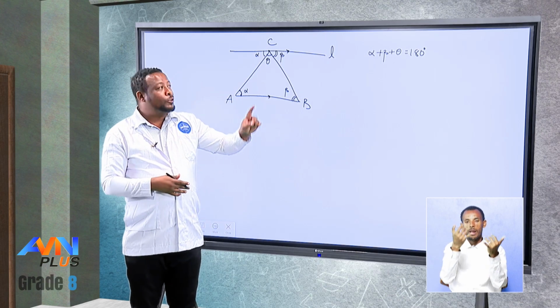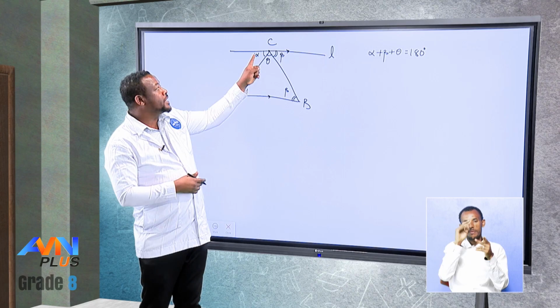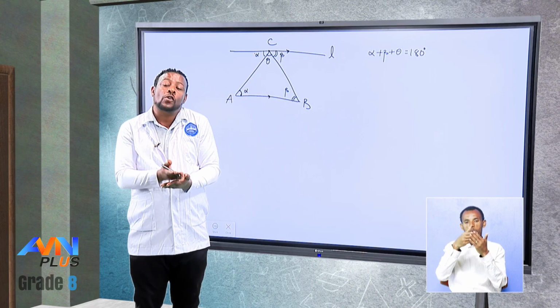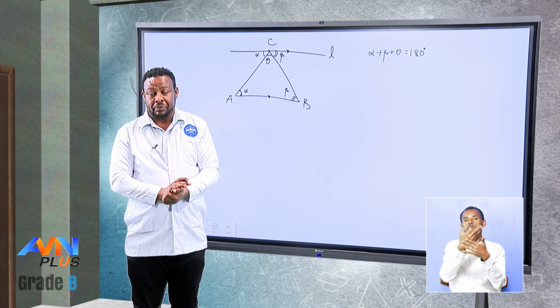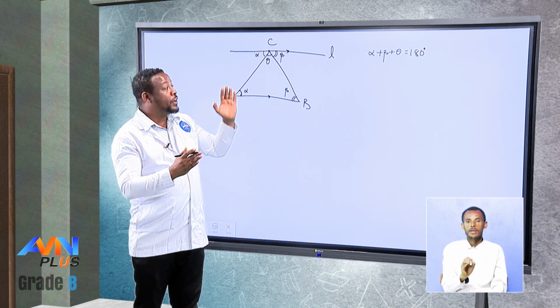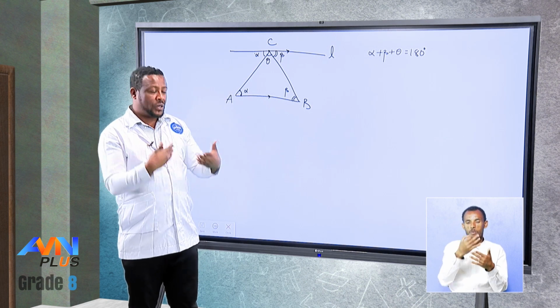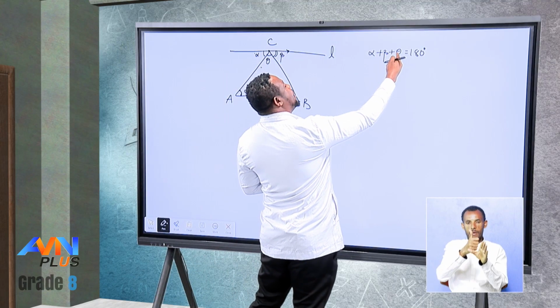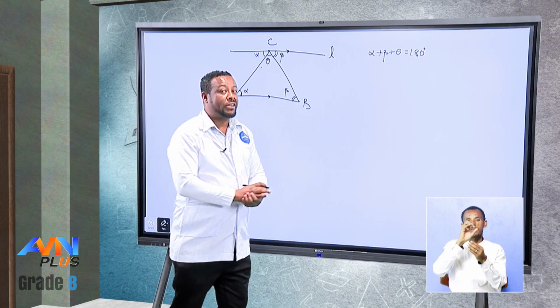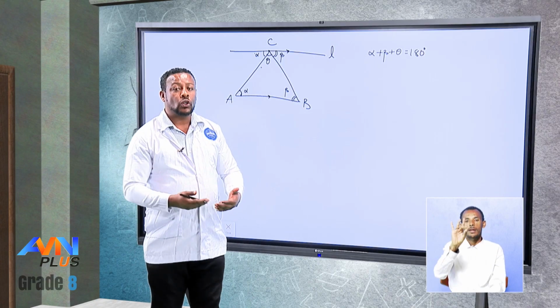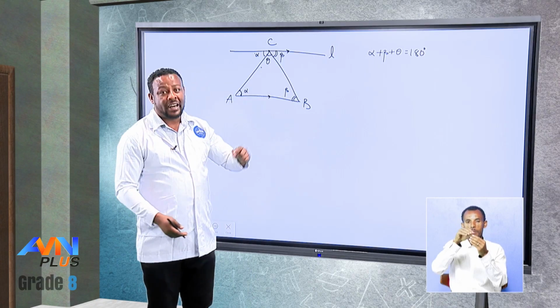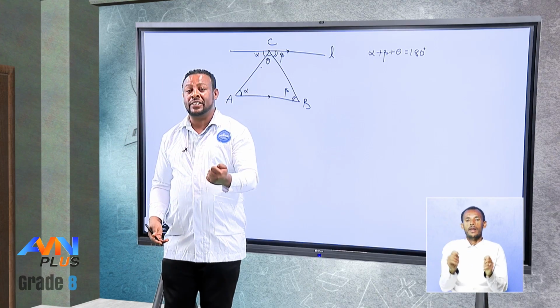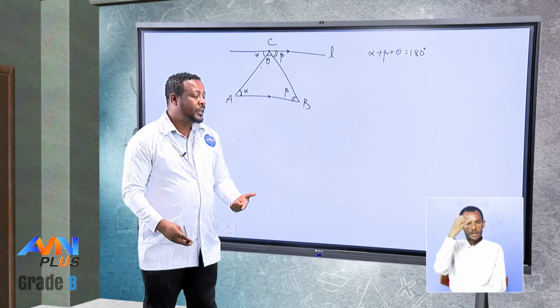Now you can observe that the sum of all these three angles forms 180 degrees, right? If they form 180 degrees, clearly the sum of these three, alpha plus beta plus theta, will give us 180 degrees. So this concludes that the sum of the interior angles of a triangle is 180 degrees, right?